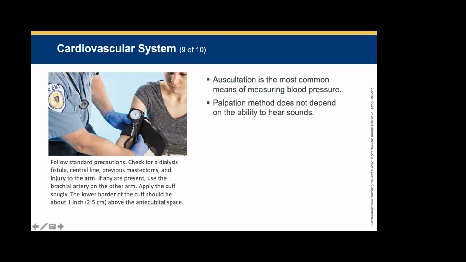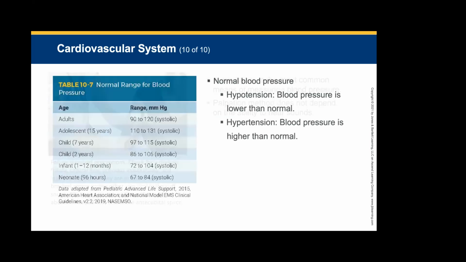You prefer it to be on bare skin, because baggy clothing, uniform shirts, and long sleeve shirts can cause misreadings. You pump it up until you stop hearing heart tones. Then you start slowly letting it down until you stop seeing it bounce again. That gives you your blood pressure reading. We will go over that a lot in the boot camp.